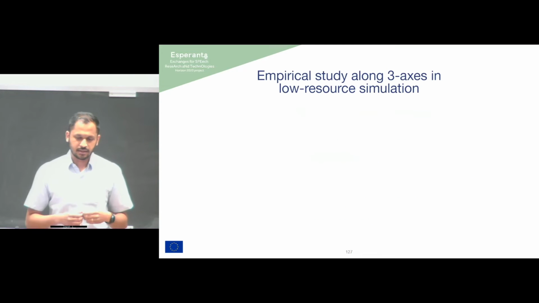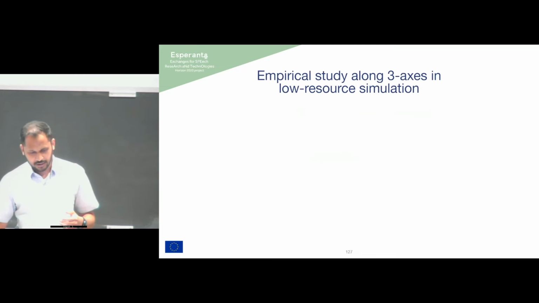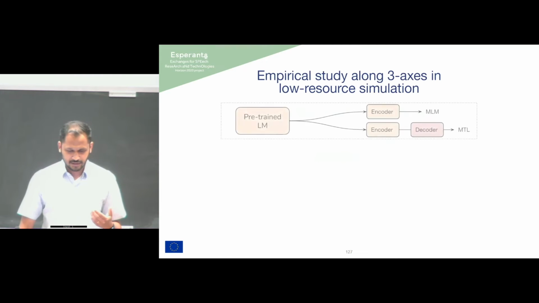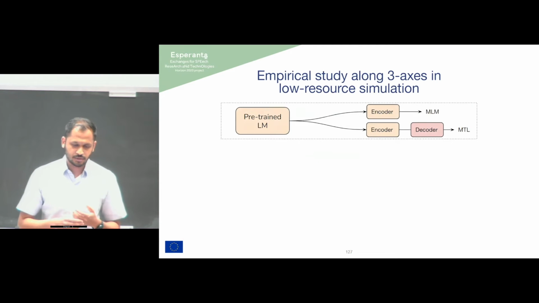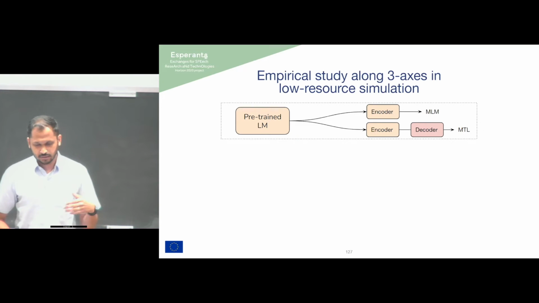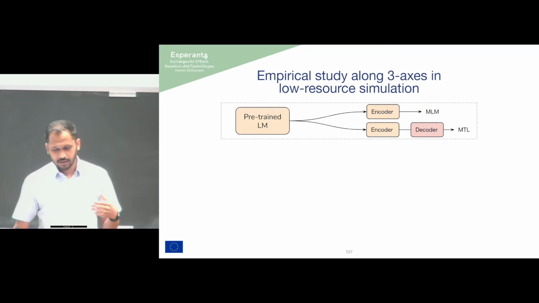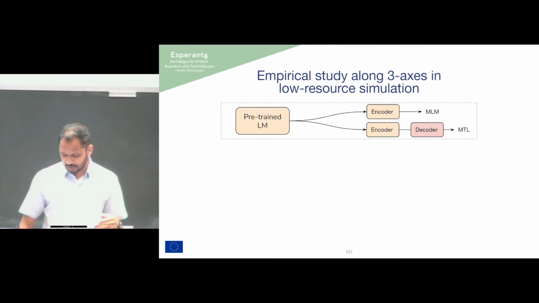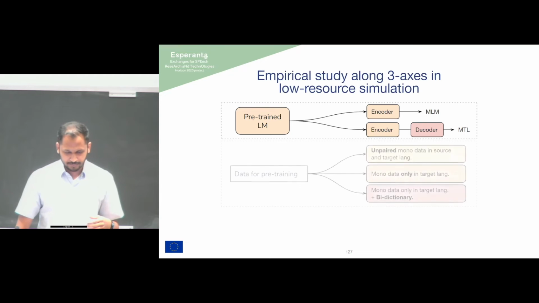To do this simulation, we do this study along 3 different axes. The first one is the choice of pre-trained language model. It could be an encoder-only language model trained with masked language modeling or causal language modeling, or it could be a sequence-to-sequence language model trained with some kind of multitask learning or hybrid learning.